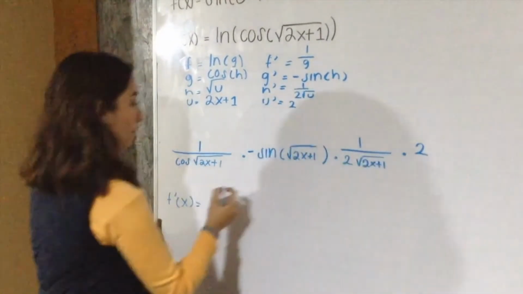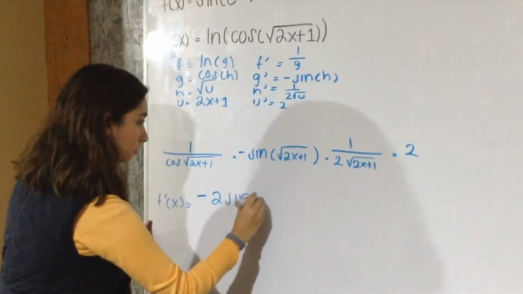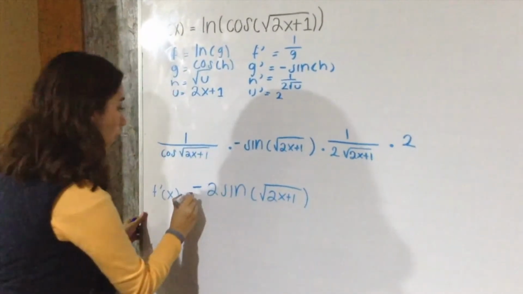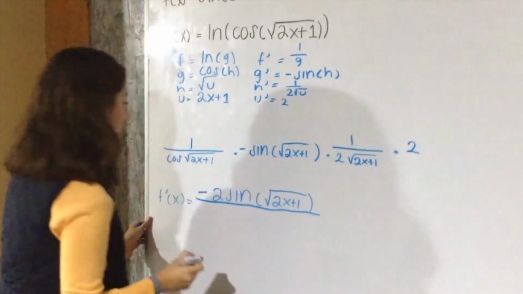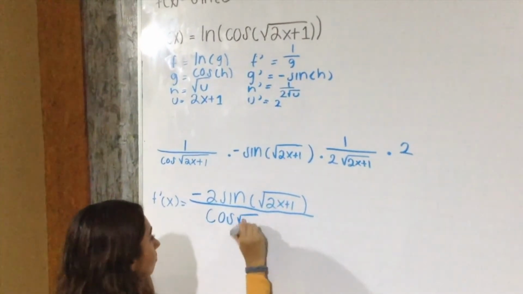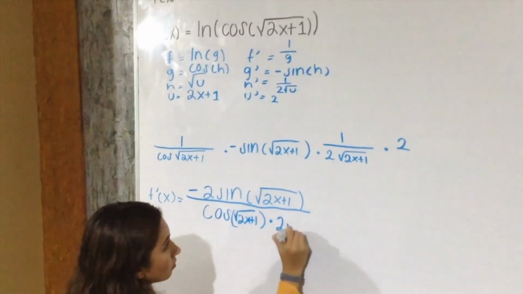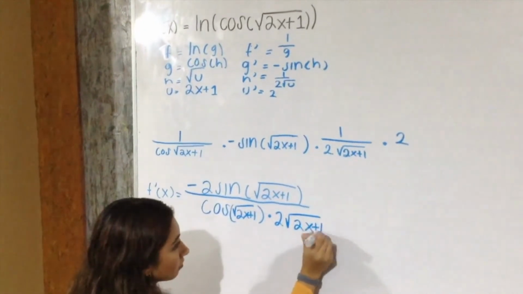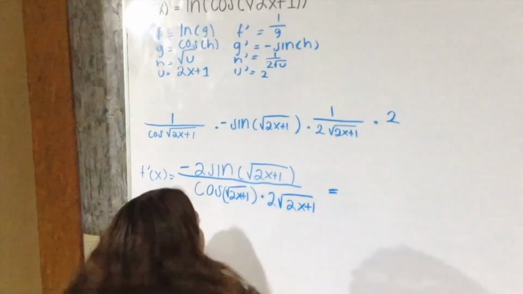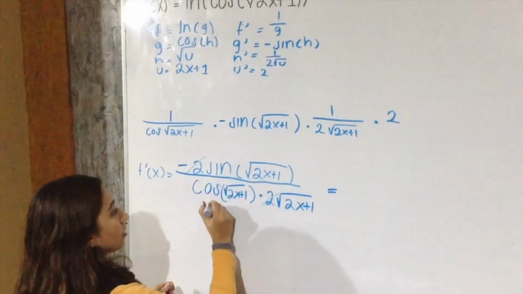It's going to be sine 2 over now here we can cancel the 2's and we can make sine over cosine a tangent.